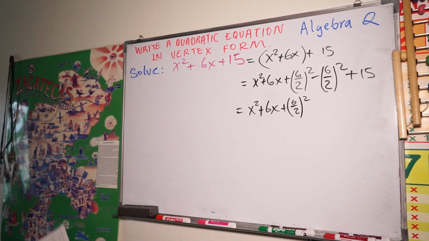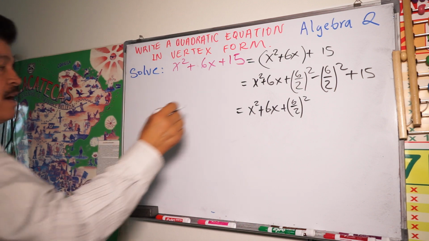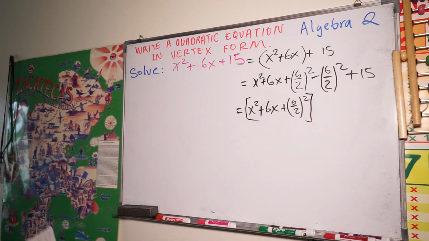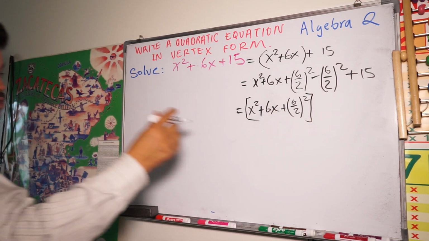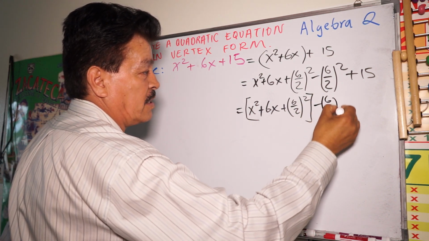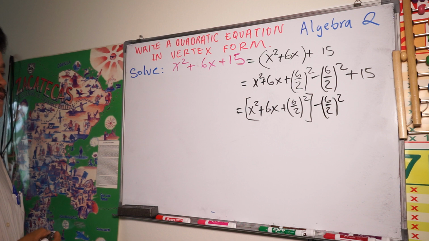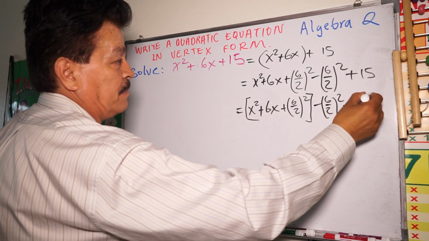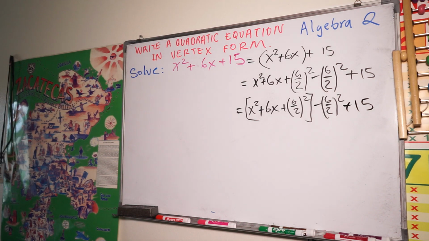Now, what else? What is the next step? Now subtract 6 divided by 2 to the second power, plus 50. So that's the first step.